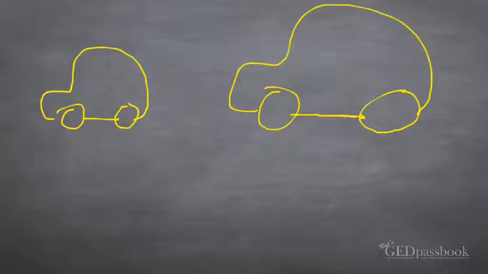So, here's a typical proportion problem. The question goes like this. An engineer is building a little miniature scale model of the new 2019 Lamborghini. And this is it.